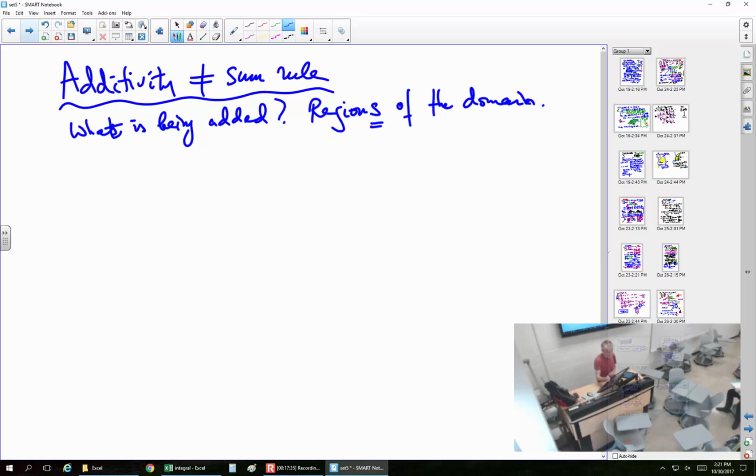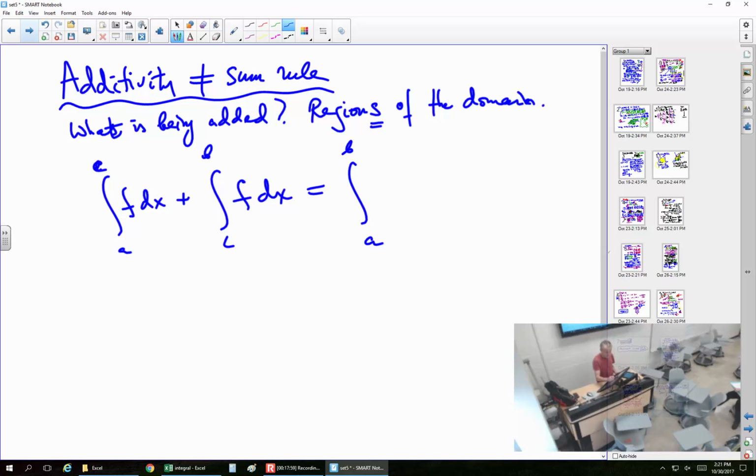Let me first refresh your memory about calculus 1. It is stated there simply as the integral from A to B of f dx plus the integral, let's put a C here, from C to B of f dx. Same function once again, but the two domains definitely have one point in common. And then from A to B of f dx.